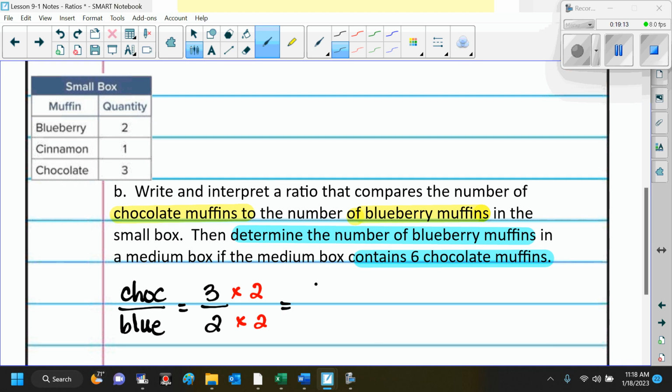That gives us 6 to 4. So now the question was determine the number of blueberry muffins. So what's my answer? 4 blueberry muffins. Very good. Is everybody clear?